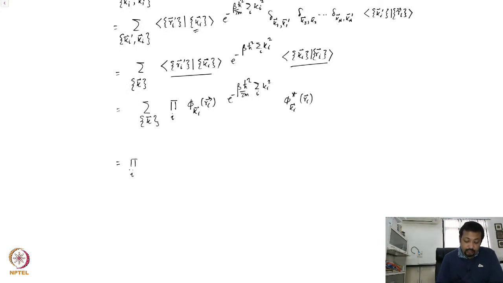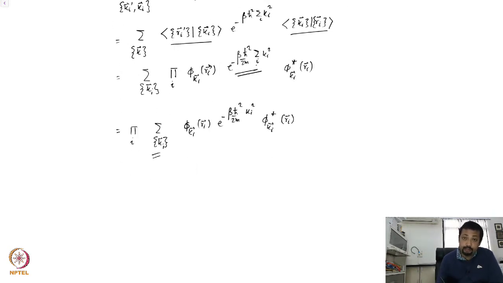So the product over i and the sum over k can be converted into an integral, and if you do this, so let's just first write down this step, sum over ki φ_ki(ri') e to the power minus β ħ² over 2m ki² φ*_ki(ri), and this sum can now be evaluated, because this exponential can be written as a product of exponentials, right?